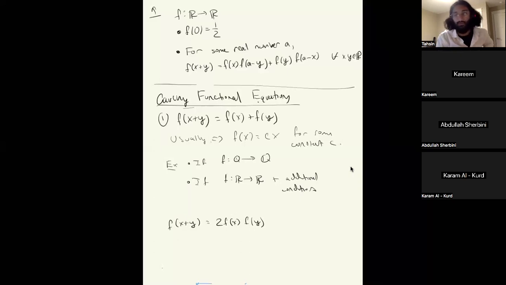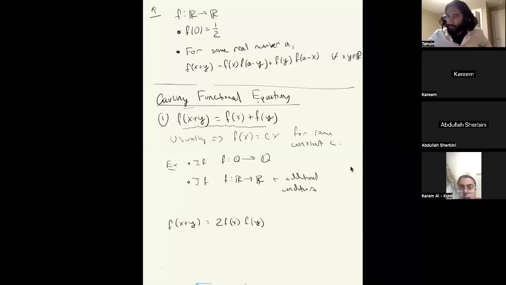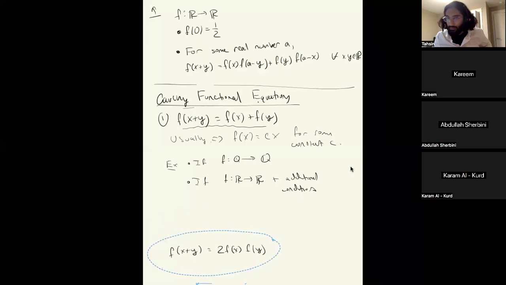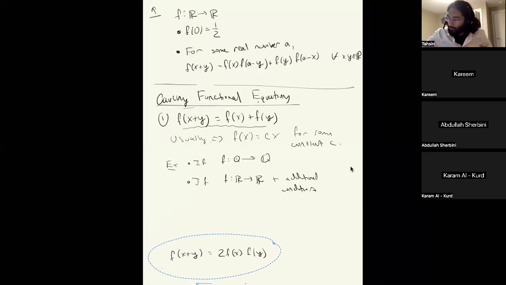So maybe the additional condition is something like f should be increasing or f should be continuous. You'll have to really figure out from the context. But anyways, if you see this equation, it almost always means that f of x is linear. And then why is it related to this? It's because it can come up in a similar form, which is something like f of x plus y equals f of x times f of y.